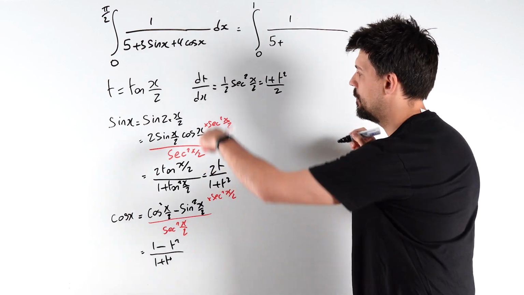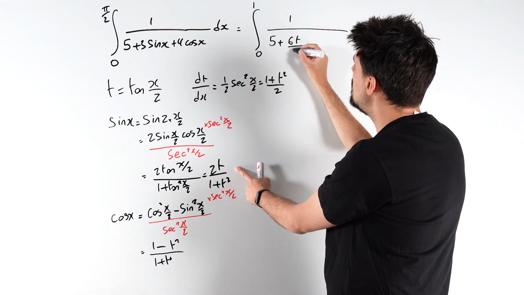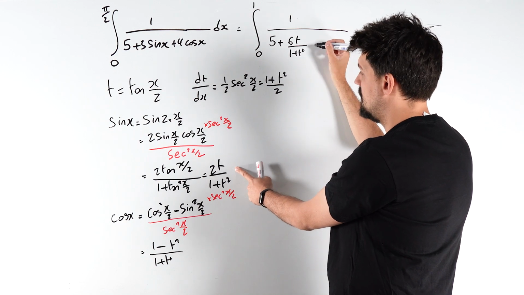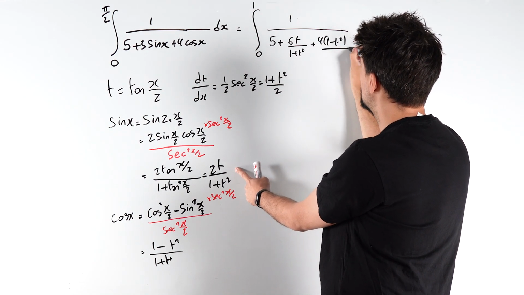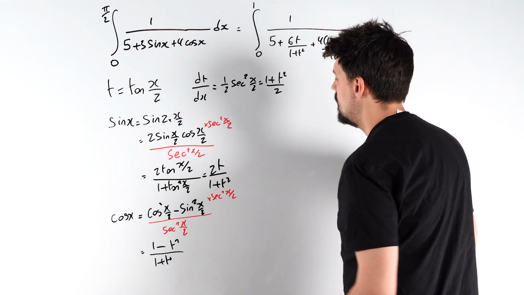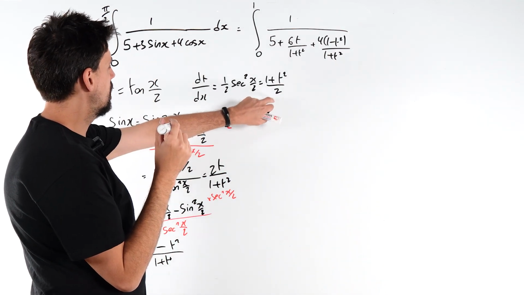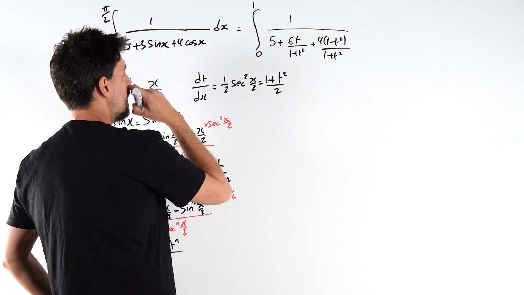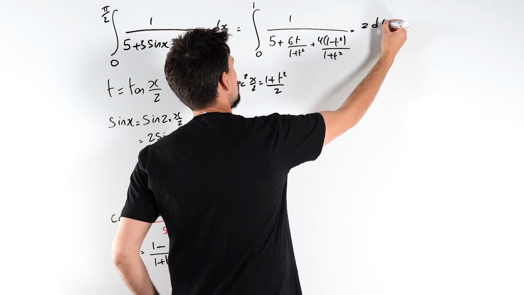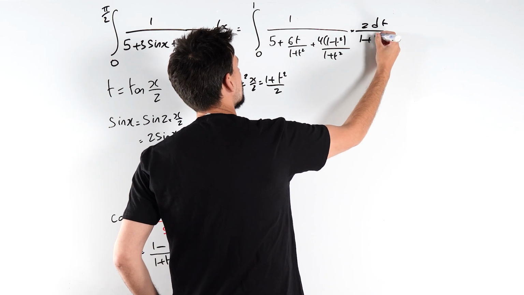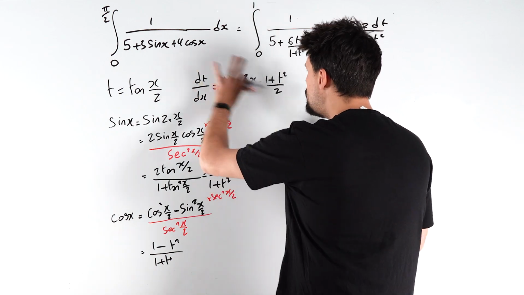Right, now, sine x is 2t, so that will be 6t over 1 plus t squared plus 4 times, there we go. And then if we rearrange that, we will get that dx is 2 dt over 1 plus t squared. Right, we've used all of that.